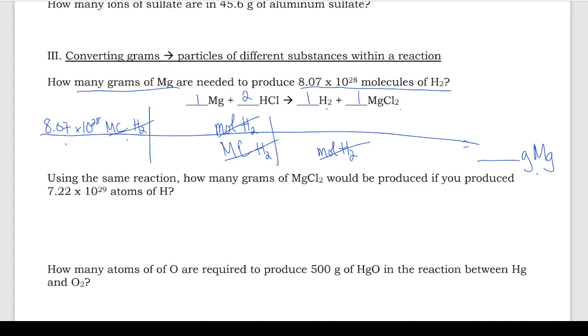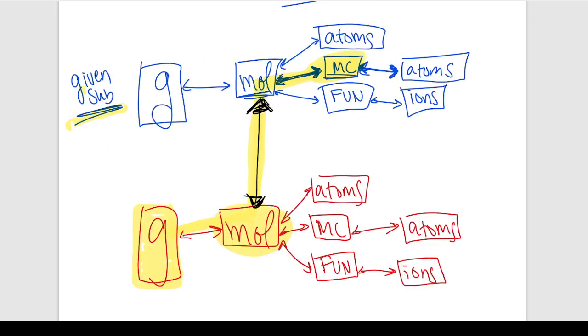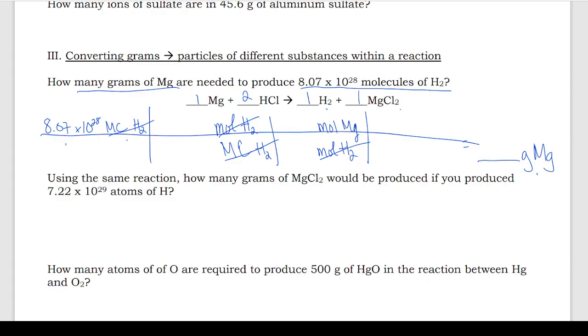So in this case, it would be what? Magnesium. Good. Okay, so moles of magnesium. Then I go from moles of magnesium into grams of magnesium. So I'm going to bring moles of magnesium down to the bottom and grams of magnesium at the top. I'm going to cancel out moles of magnesium.